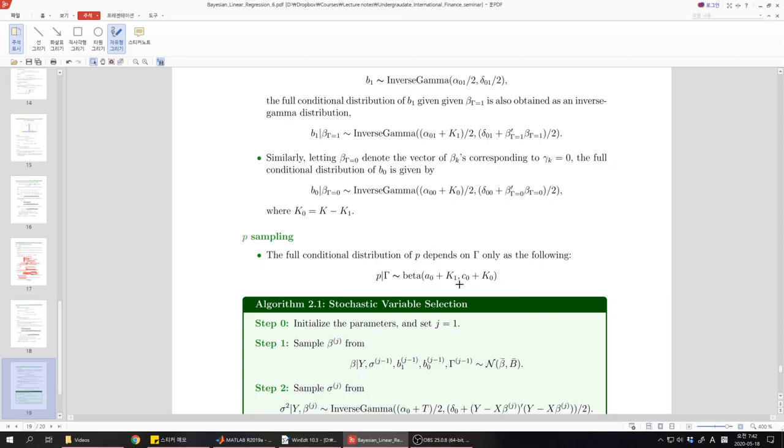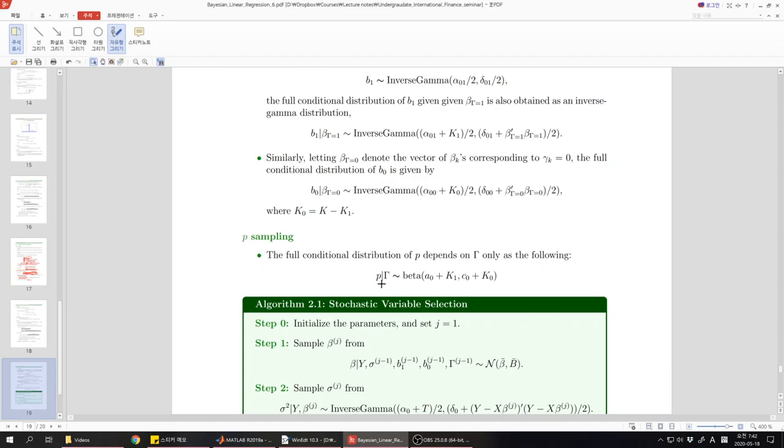If K1 is large and K0 is small, it means the important regressors are more numerous than the unimportant regressors.